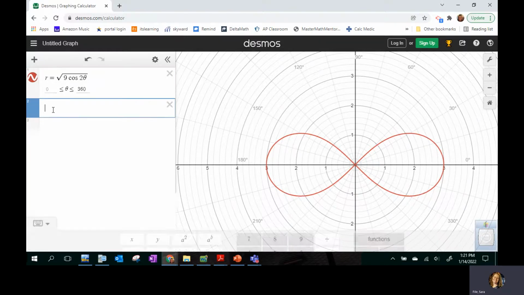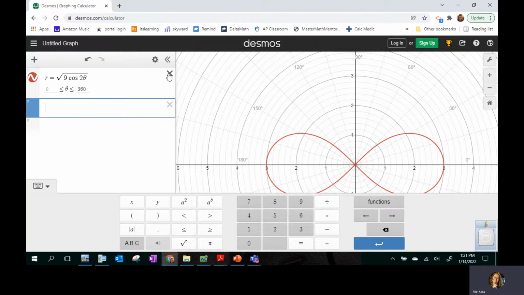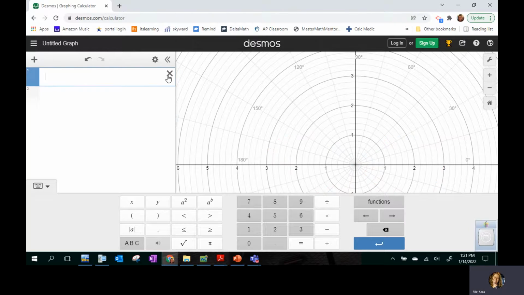Okay, now a limaçon, there's 4 different types we talked about. Remember, this is the one where you have some number and then plus or minus another number and then sine or cosine of theta.